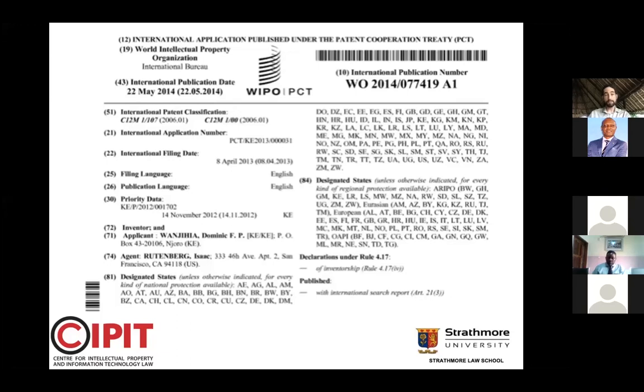They will look from 14th November 2012 and backwards through to the beginning of time. They won't look at anything after the 14th of November 2012, even though we didn't file this application with the PCT until 2013, because we have claimed the priority of this earlier application. Okay, so that's the concept of priority.